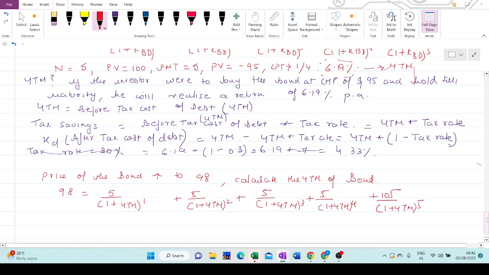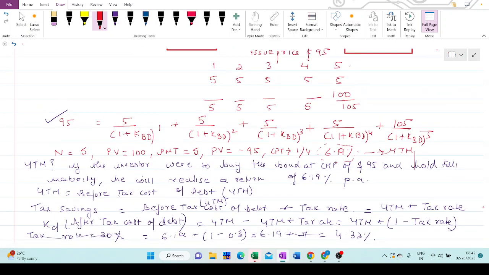And guys, the KBD term that I had used here is nothing but the YTM, right? This KBD here is nothing but the YTM. Now guys, calculate the YTM.